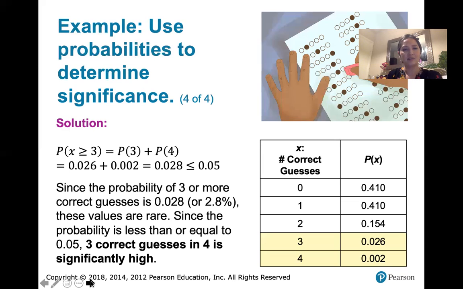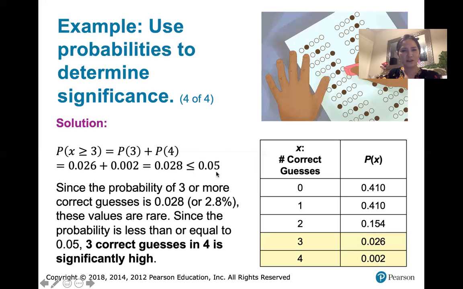It says the probability of getting 3 guesses correct or 4 guesses correct is only 2.8%, and that's very rare. It's even more rare than a 5% cutoff.